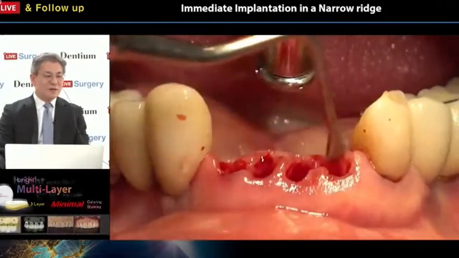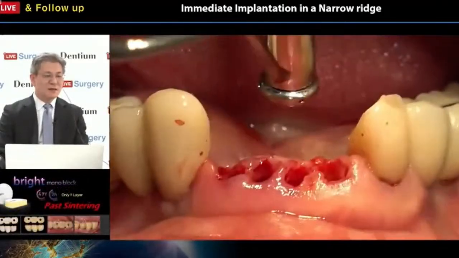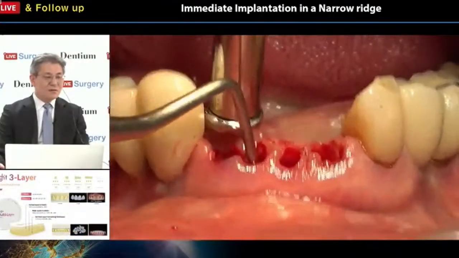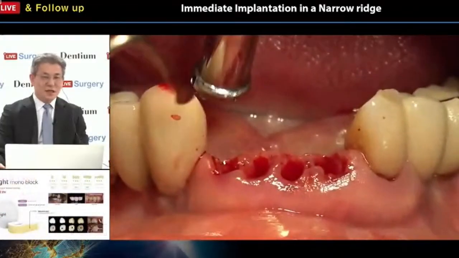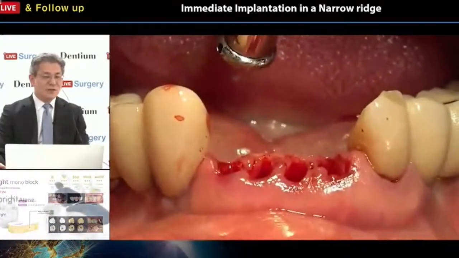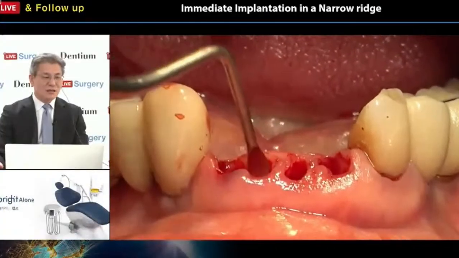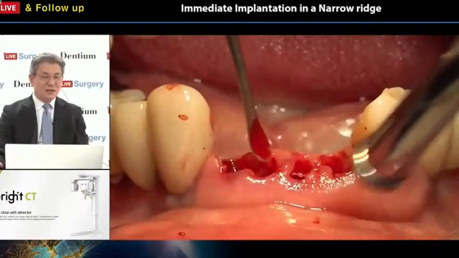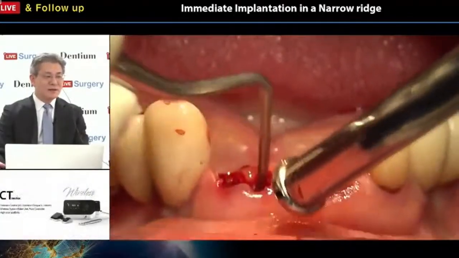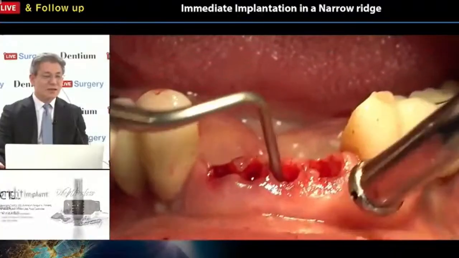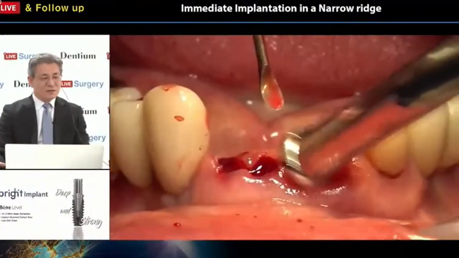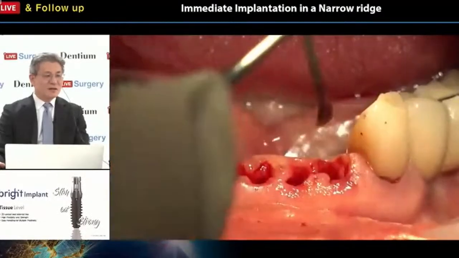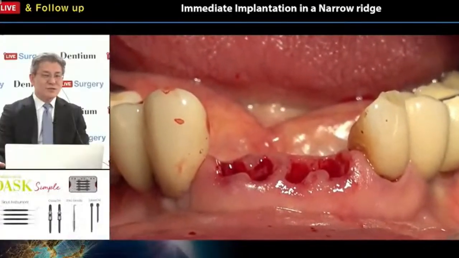So check the socket depth, and at this time point, one important factor is whether the labial socket wall is intact or not. You have to check whether the labial socket wall is intact, right? Depending on the intact labial socket or the loss of labial socket, the treatment procedures will change.